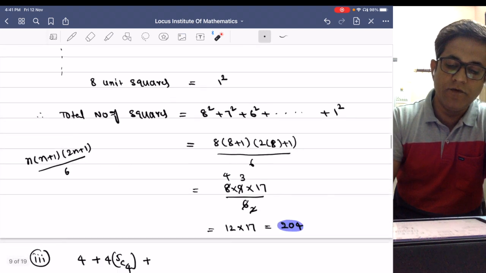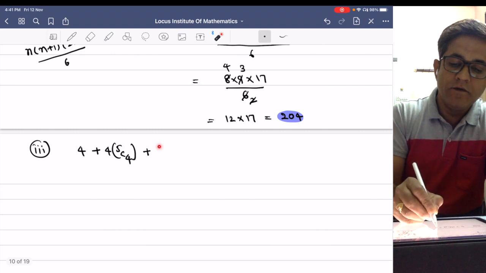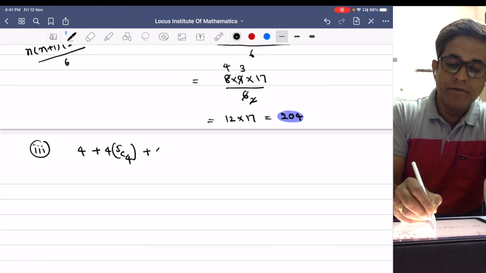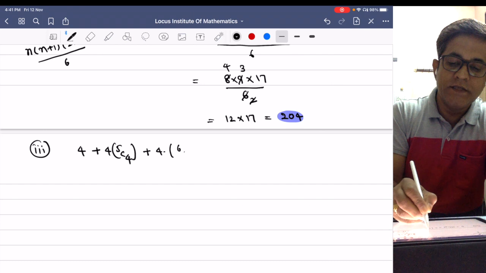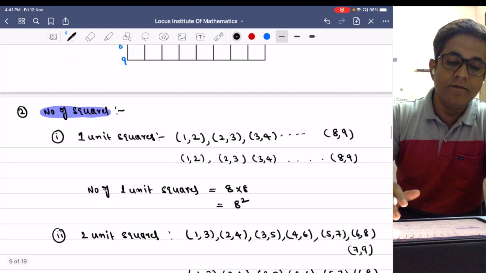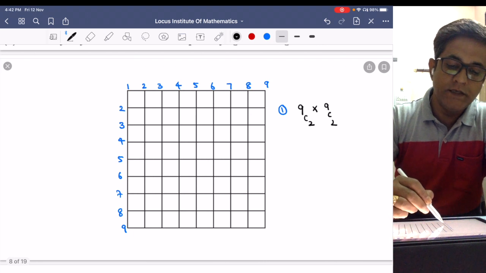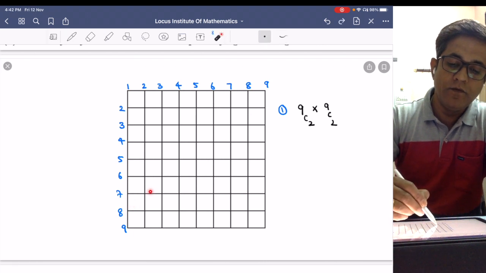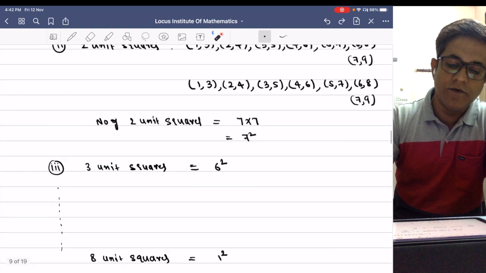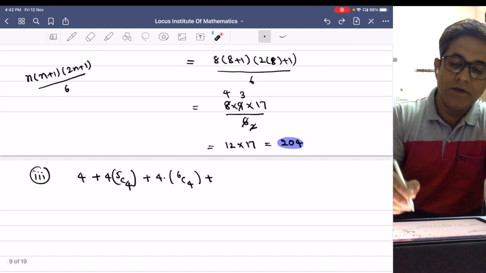Therefore, 4 into 6C4. Next, plus, come to the next diagonal. This diagonal has 1, 2, 3, 4, 5, 6, 7 unit squares. So 4 into 7C4.